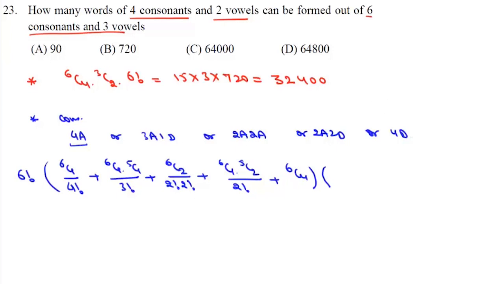Now for vowels we have only 2 choices, either both are distinct or both are alike. If both are distinct, then it will be 3C2, and if both are alike, it will be 3C1 divided by factorial 2. Now we'll take factorial 4 common from this first bracket and factorial 2 common from this second bracket.